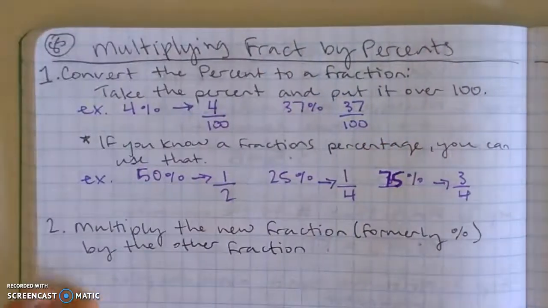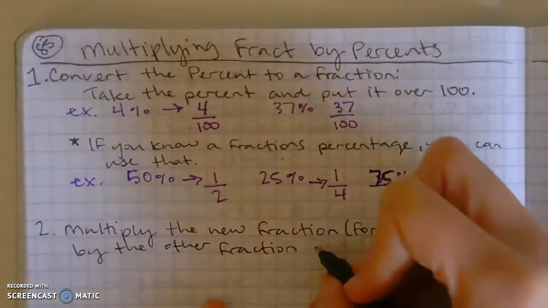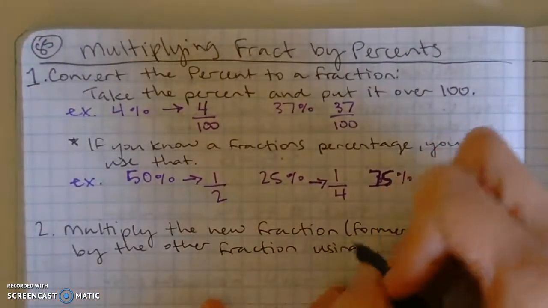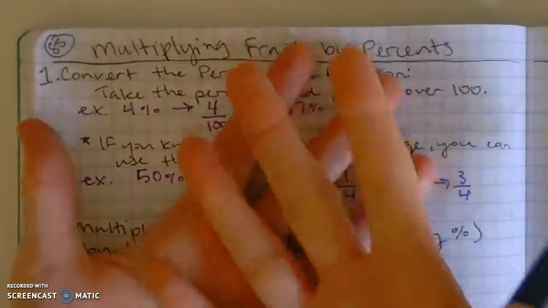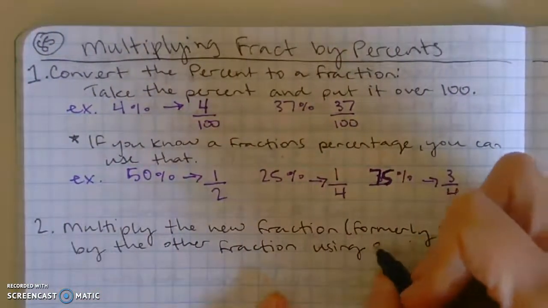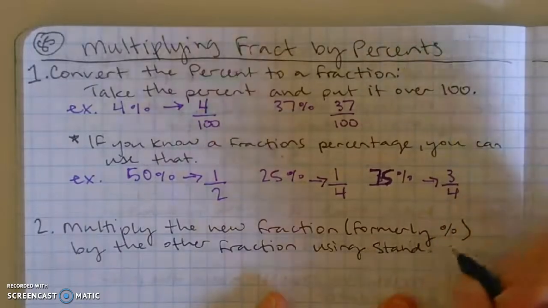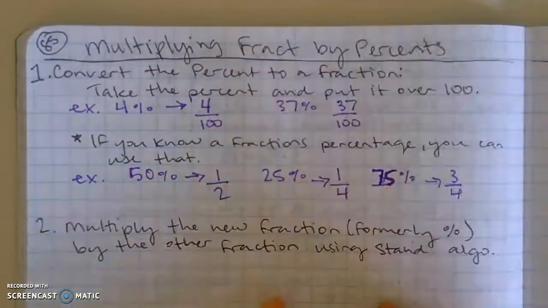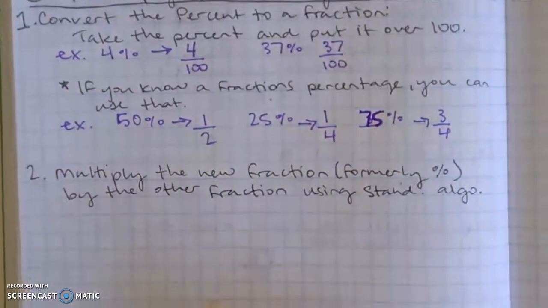And I'm going to say using the standard algorithm, but if you feel comfortable doing that visual representation, do that. Using standard algorithm, and I'm going to abbreviate that, okay?